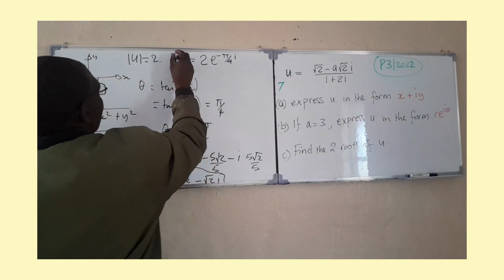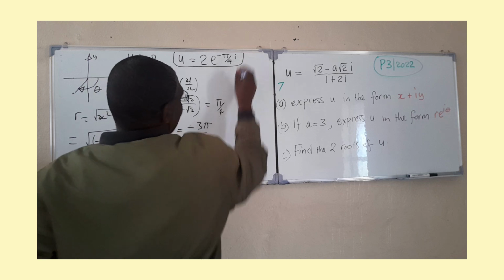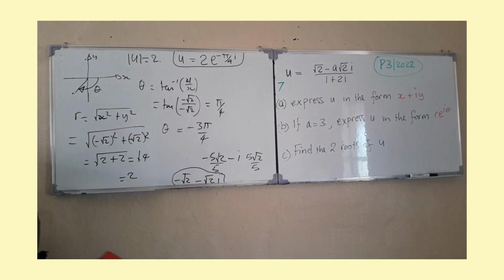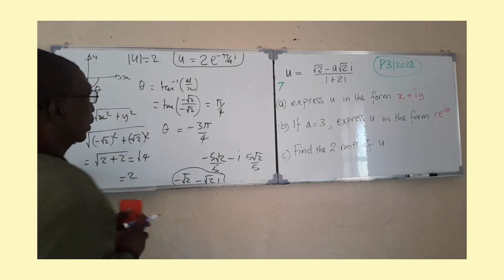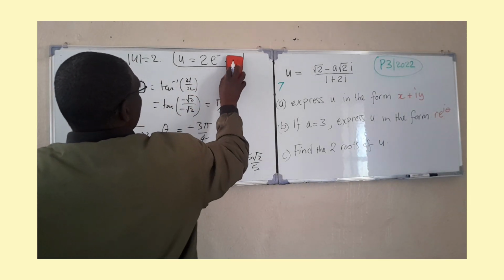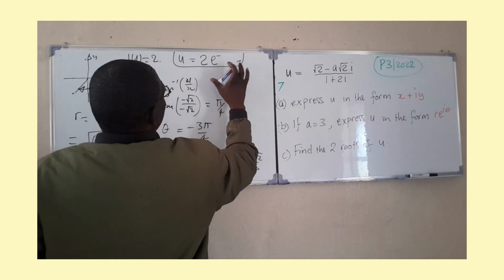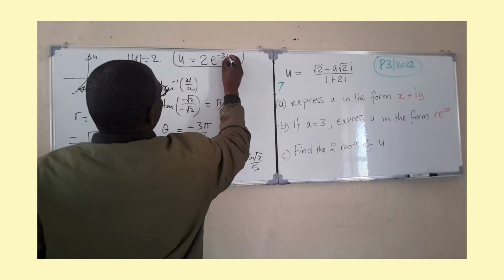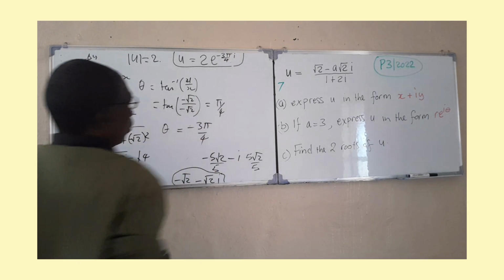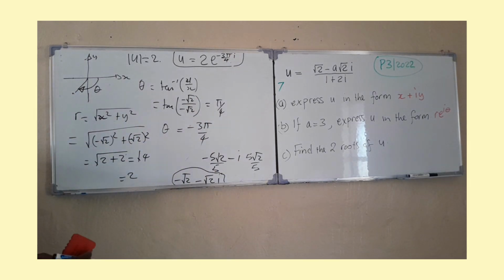That's how u is expressed in exponential form, where theta is minus 3 pi over 4. Right. That is our complex number, u.